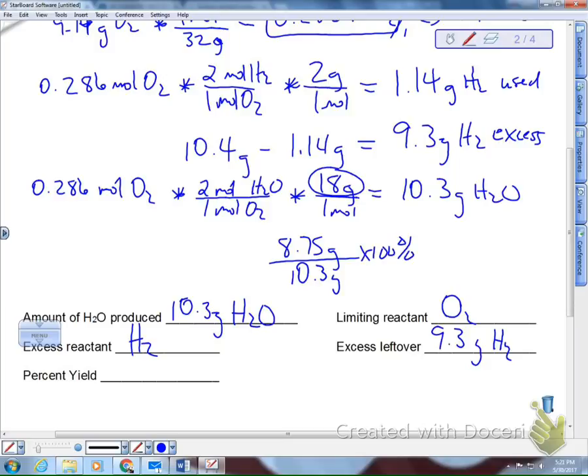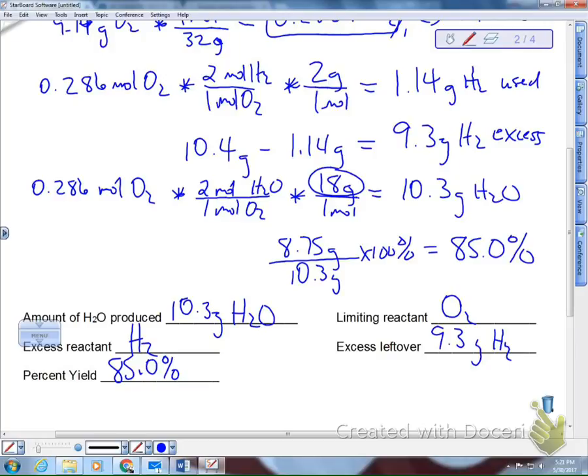Converting that into a percentage, rounded up to 85% for the yield of this reaction. Okay, at this point, if you have any questions, send me an email. If not, go ahead and start on problems 3 and 4.